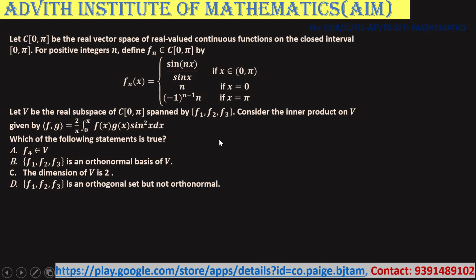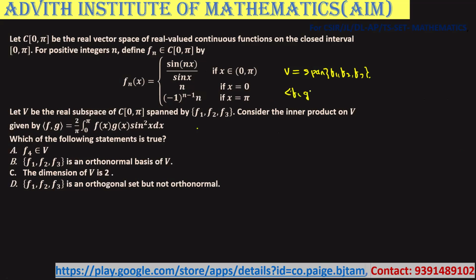So V is equal to span of f1, f2, f3, and consider the inner product.